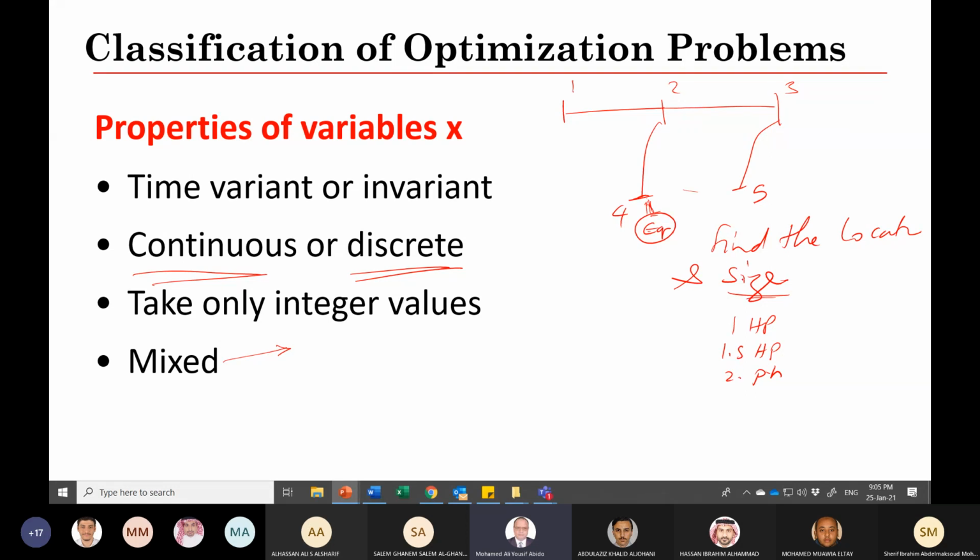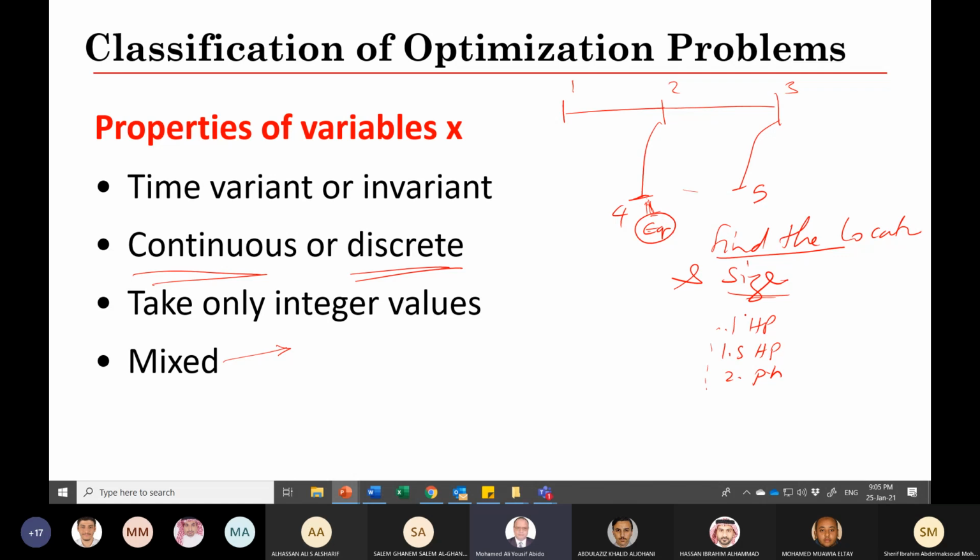So you try to find out the location, so you have integer and also discrete, and probably you can also have some continuous variables.